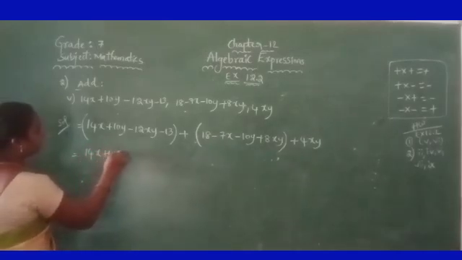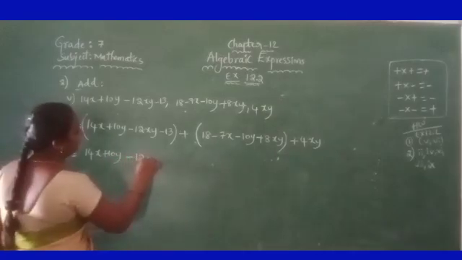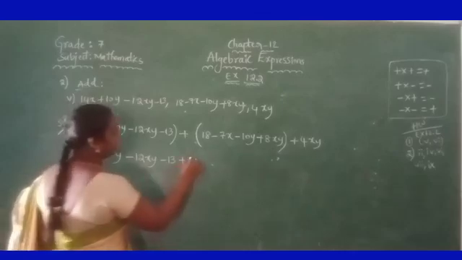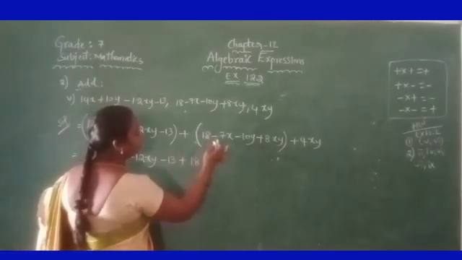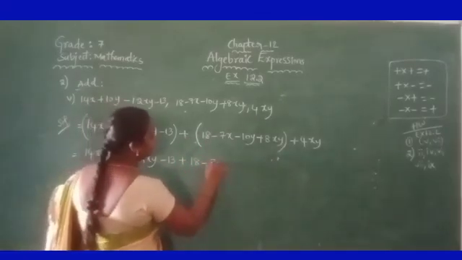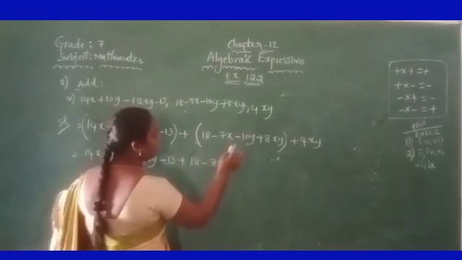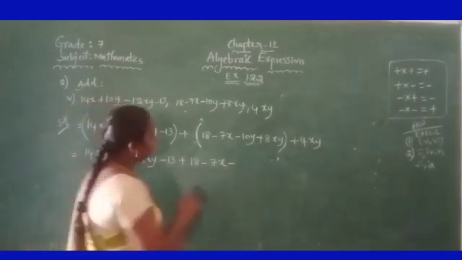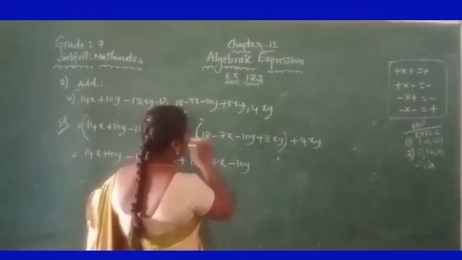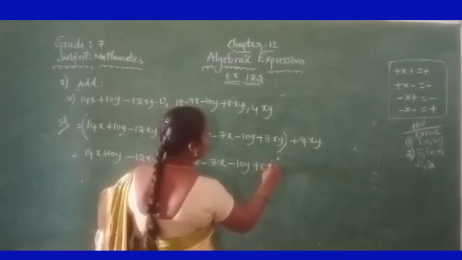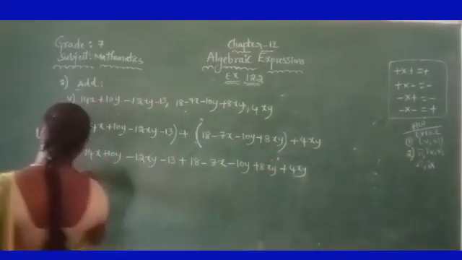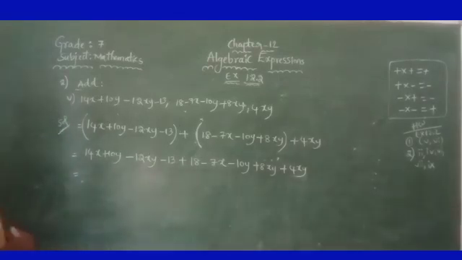14x plus 10y minus 12xy minus 13 plus 18 plus into minus, minus 7x, plus into minus, this one you have to consider as product, minus 10y, plus into plus 8xy plus 4xy. So the next step is you write all the like terms in one place.